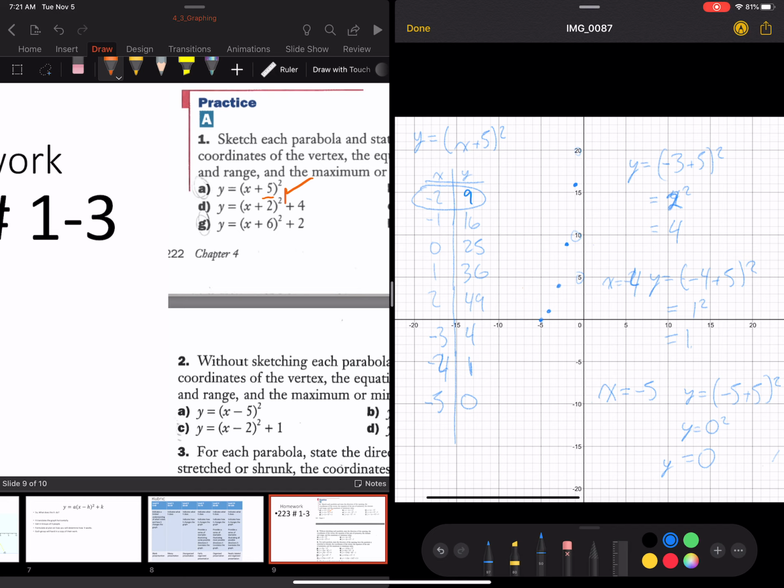It's starting to look like my parabola, right? Let's connect these points. Let's try minus 6.